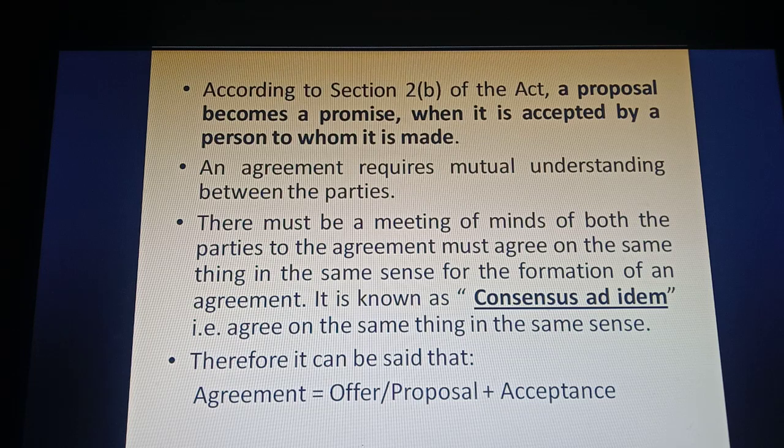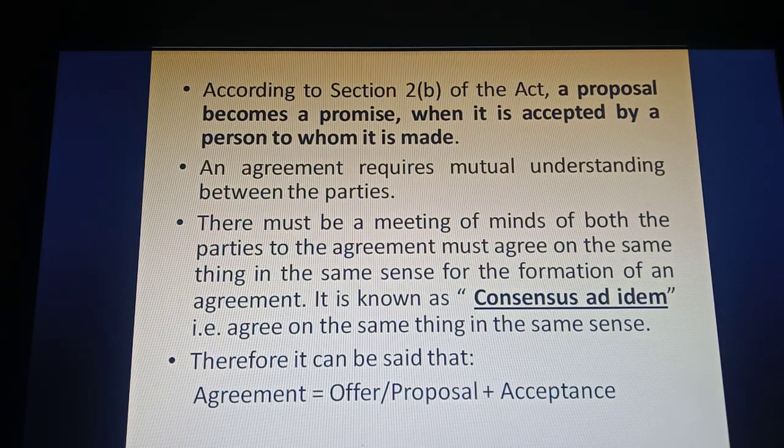And this is called consensus ad idem. That means to say, when two persons agree on the same thing in the same sense, it is called consensus ad idem. Therefore, we can conclude that agreement is equal to offer plus acceptance. Offer must be accepted by the person to whom it is made. Okay? Now the agreement has been formed.